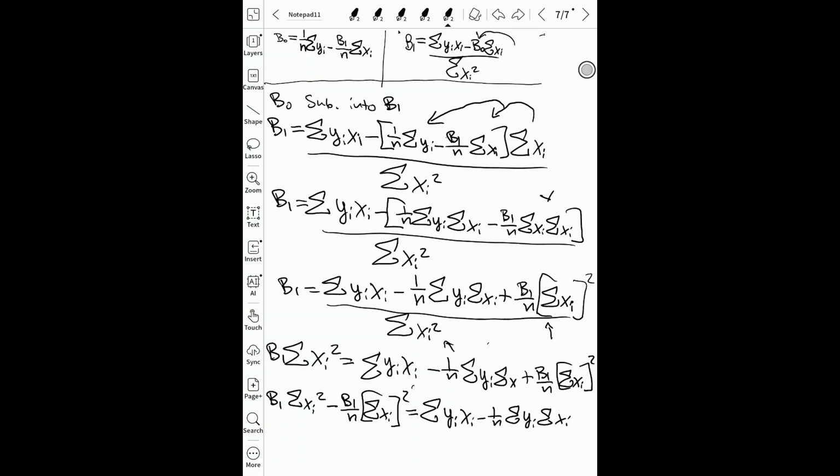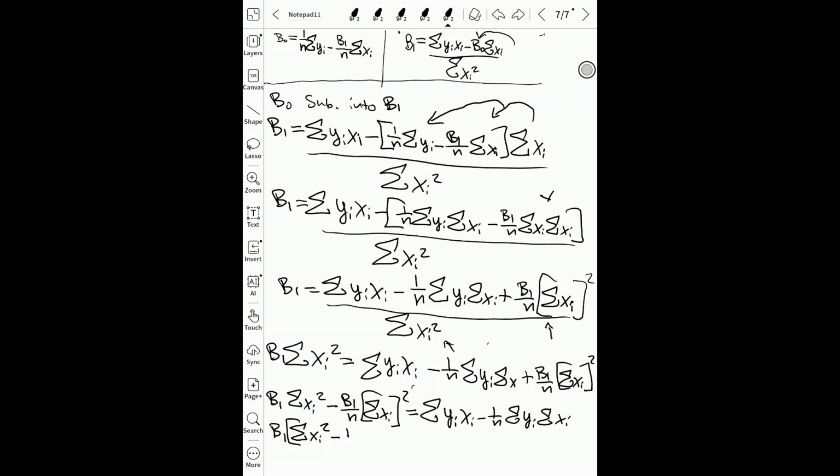All right, and now we can go ahead and solve. So we can see that every term in this left-hand side is multiplied by a beta 1, so we can pull that out, right? Distribution would get us back.